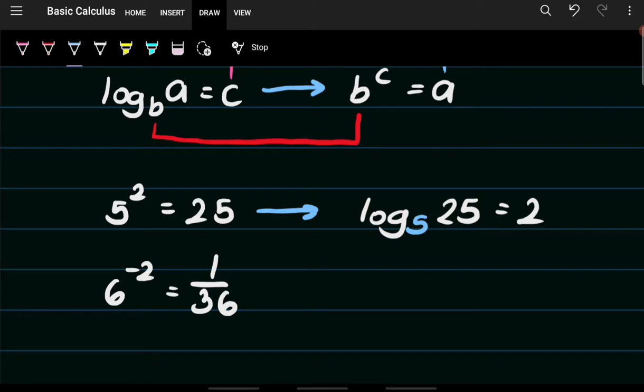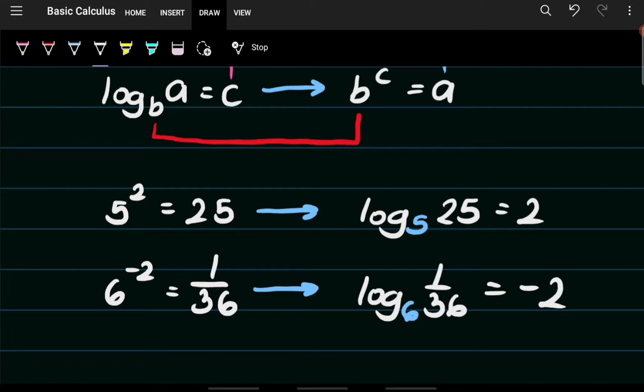Again, ang corresponding logarithmic form niya, that's logarithm of, what's the answer? It's 1 all over 36. And then, what's the base? The base is 6. So, logarithm of 1 all over 36, base 6, is equal to negative 2.